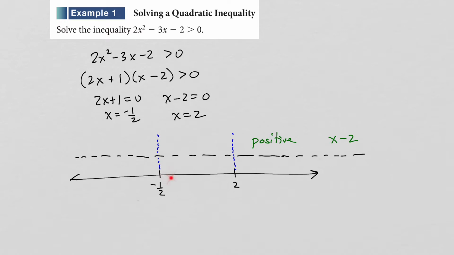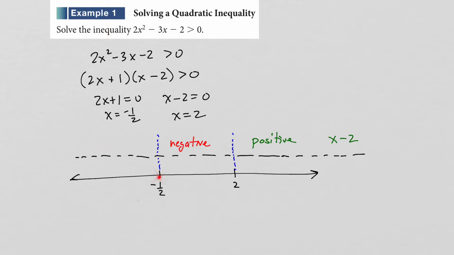Now, when I plug in a value of x here in between negative 1/2 and 2, it is no longer going to be positive. It will be negative for these values. Just think about it. If you plug in a number that is less than 2 and you subtract 2 from that number, you are going to get a negative. Same thing for this interval.